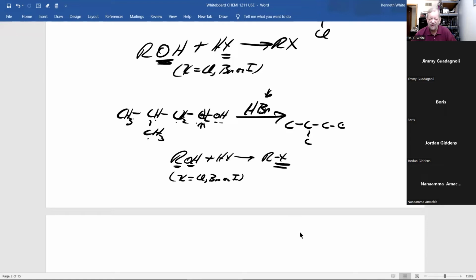In this case, it's bromine. And you can have it pointed down too. And now I remember there's 4 bonds to carbon, and I can put in my hydrogens. And that's how you do it.